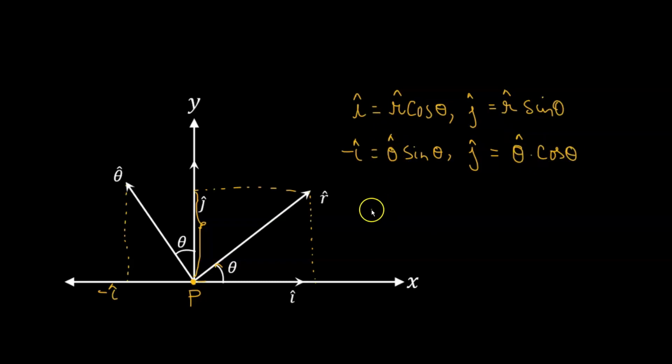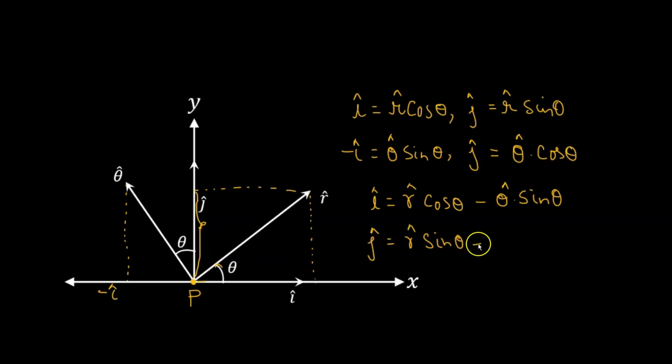So let's combine it. That should give us, along i cap, r cap cosine theta, and we also have negative i cap, so that means i cap will be simply r cap cosine theta minus theta cap times sine theta. And along j cap we have r cap sine theta plus theta cap cosine theta.